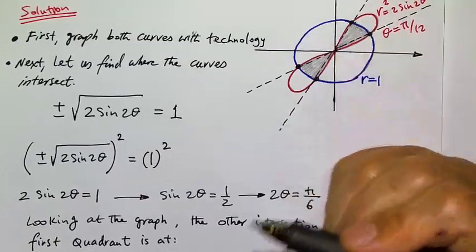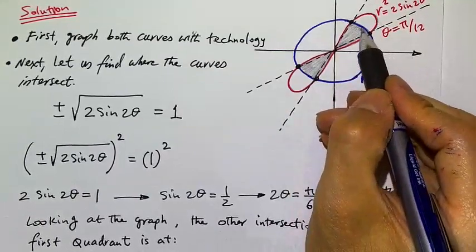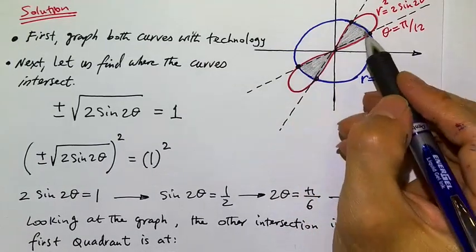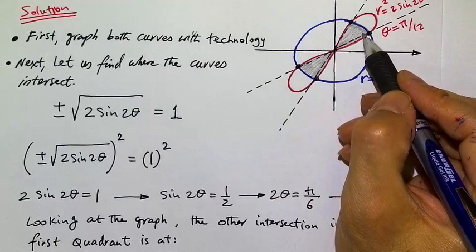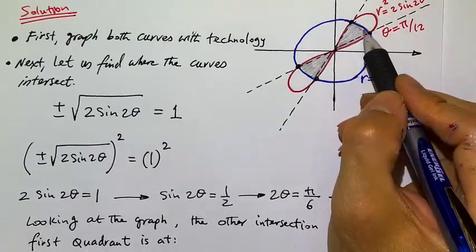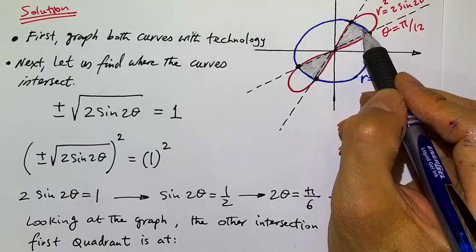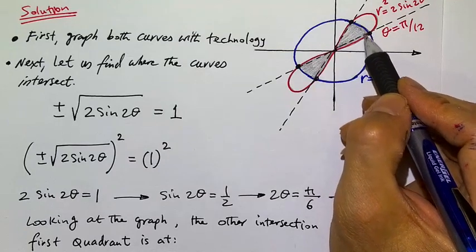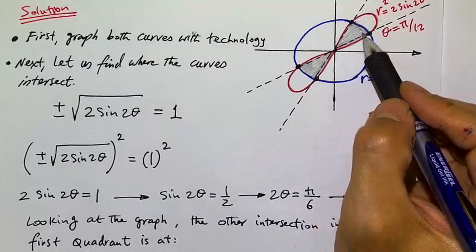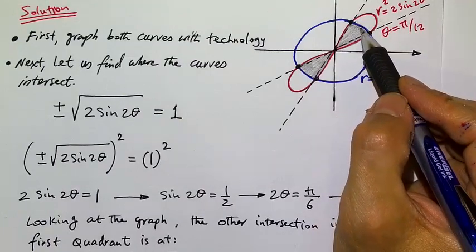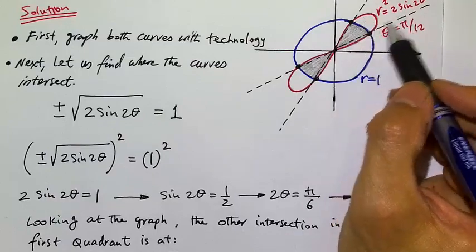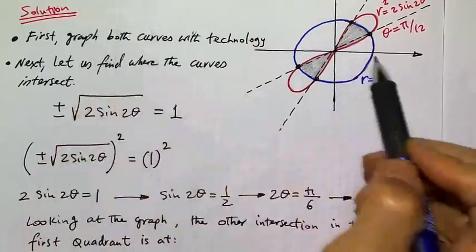So if we take the other integral from pi over 12 to pi over 4 and multiply that by 4, we get the regions that are a result of the integral of the curve that generates the circle. And then we also get the regions that are the result of the area under the curve that generates the lemniscate, this one.